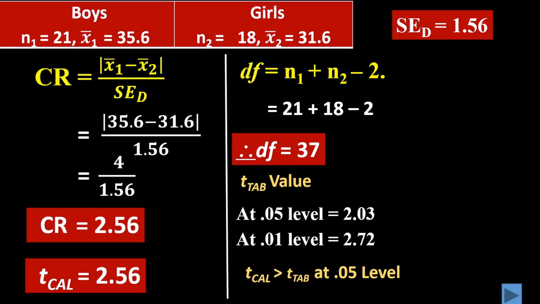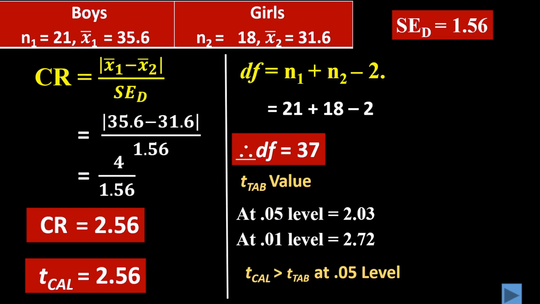because the required t value at 0.01 level for significance of difference according to the t table is 2.72 and ours is 2.56, means our t calculated is 2.56, that is smaller than 2.72, the required t table value at 0.01 level for significance of difference between means.